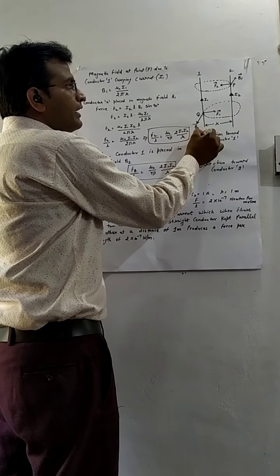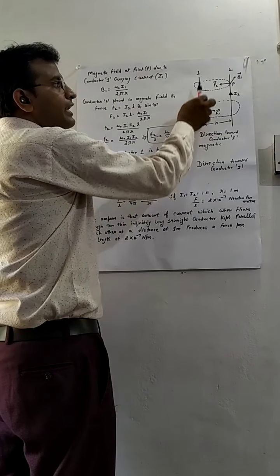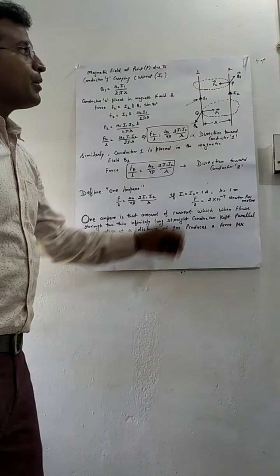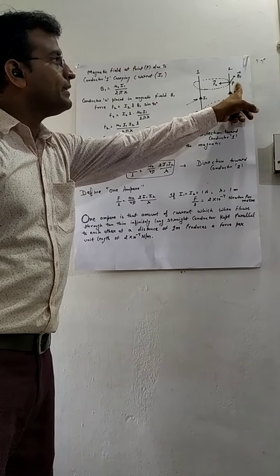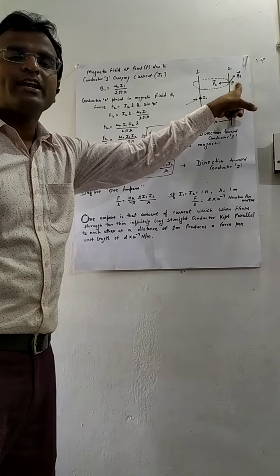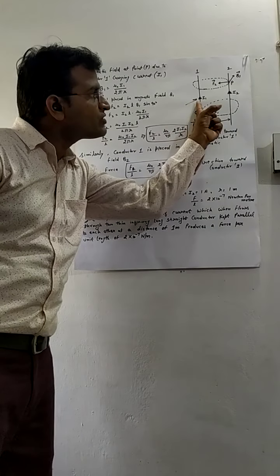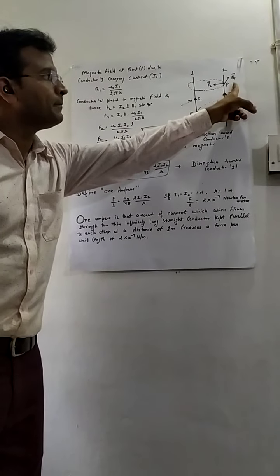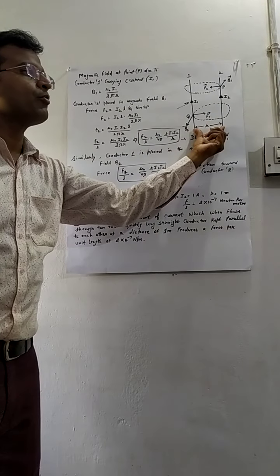Now for conductor 1 carrying current I1, we find the magnetic field at point P. What is the value of the magnetic field at point P, at a distance r from it?